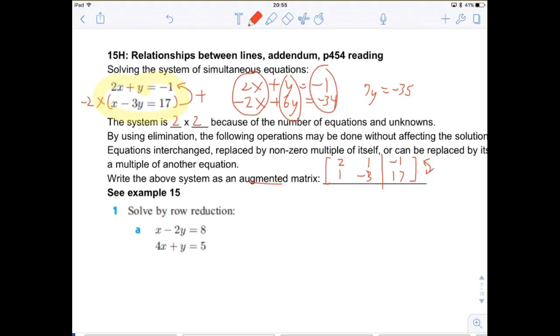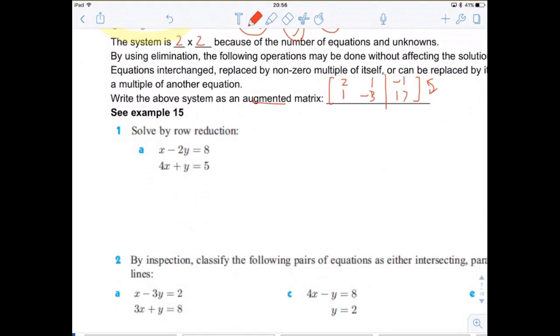I could multiply one of the rows by a factor. I could divide one of the rows by a factor, which is pretty much the same thing as multiplying. I could add one of the rows or subtract one of the rows to another row. So let me show you how that's done by doing it on this system right here. So this would be 1, -2, 8, and 4, 1, 5, right?